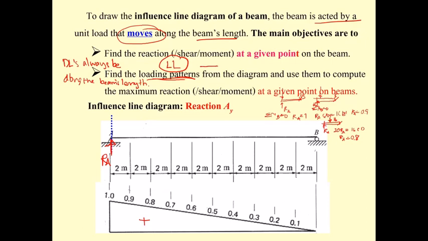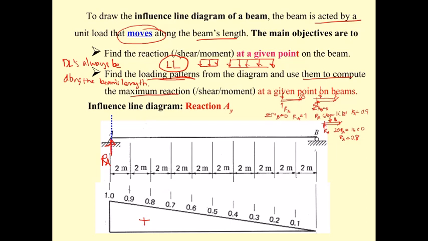It can be short if it's possible, or it may be very long, such as when you have a traffic jam. Traffic may jam the whole bridge, or it may jam only half of the bridge. And then what should we put as the loading pattern to use to compute the maximum reaction?